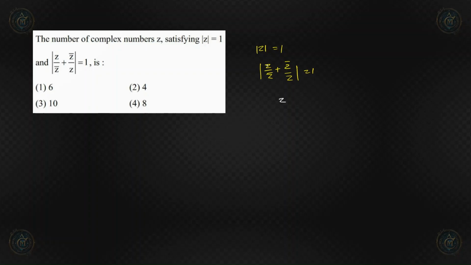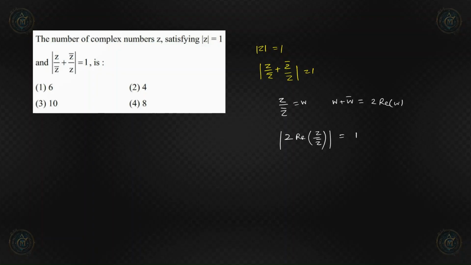So if we see this z by z bar as some complex number w, then this is w plus w bar, right? We already know w plus w bar is 2 times the real part of w. So we can write this as 2 times the real part of z by z bar, and this modulus will be equal to 1. And why this modulus?